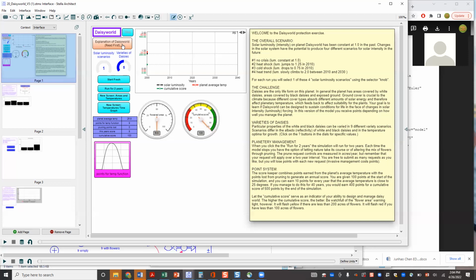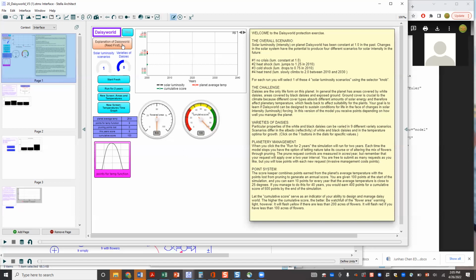Scenario number 2, as we looked at, is a heat shock scenario where in year 2010, luminosity jumps up to 1.25 and then goes back down again. You're trying to see how the system can stabilize itself in response to that. Obviously, having it jump to 1.25 is going to increase the temperature a whole lot. That's probably going to really change the environment for these daisies, and so they're going to have to respond to that.